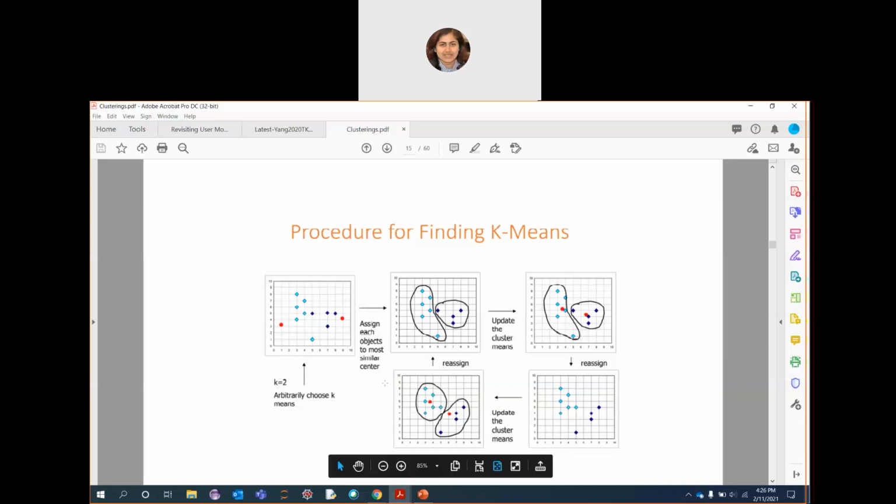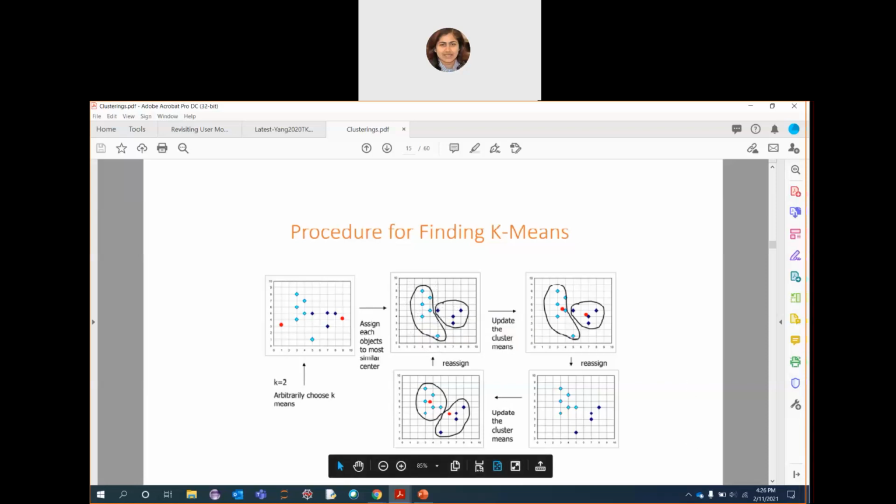First you need to assign each object, that is data points, to the most similar center. So when you apply k-means on the data set, it will first find a mean or centroid. Whichever data points are close to whichever centroid, it will form a cluster. So here it formed two clusters.